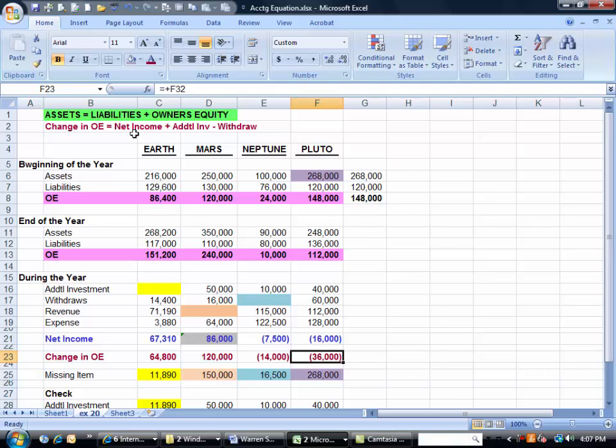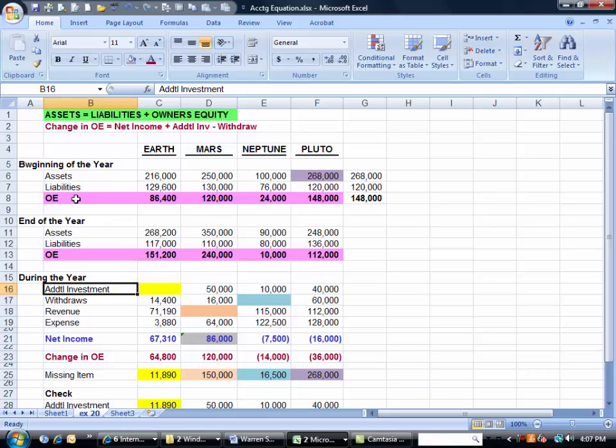So let me just review for you, because this is truly in accounting. The first two chapters, chapters 1 through 4 are the crux of everything, and then from there on it is pretty much smooth sailing. Get that accounting equation down. Understand that owner's equity is made up of these pieces: revenue, expense, withdraw, and additional investment.